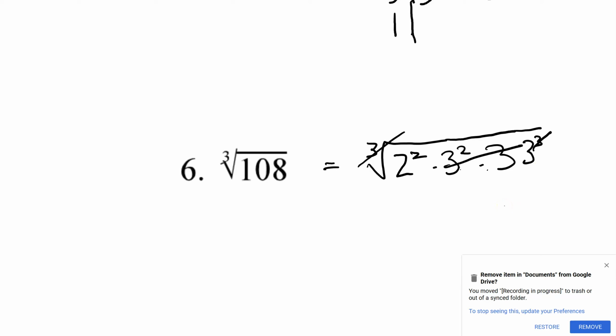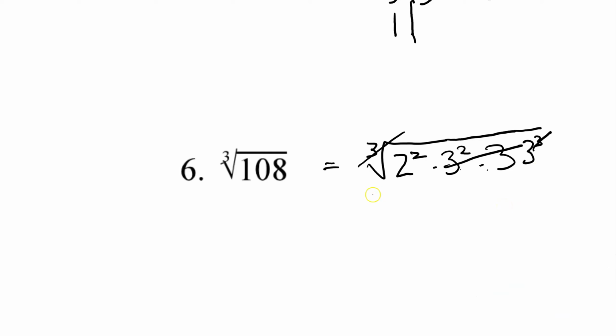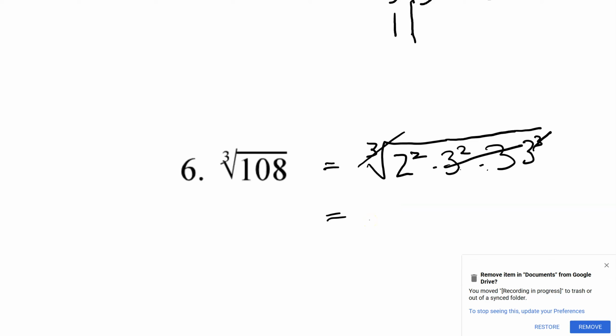The cube root of 3 cubed would be 3. And then we got 2 squared, which is 4. So we're going to have 3 times the cube root of 4. And that then would be finished.